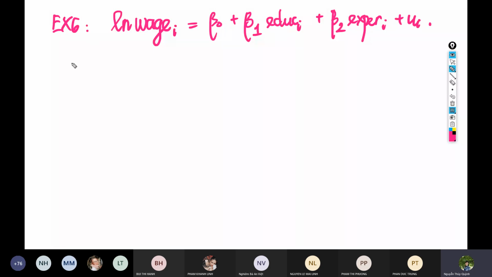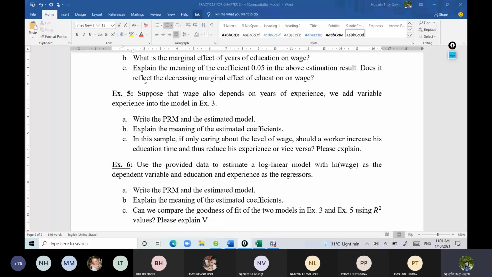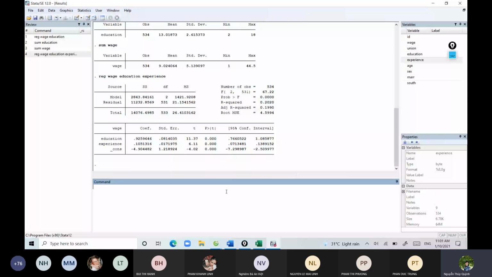And what about the sample regression model? In order to have the sample regression model, you have to regress the model in Stata. We have to generate lnwage equal to the natural logarithm of wage. So we have a new variable here.